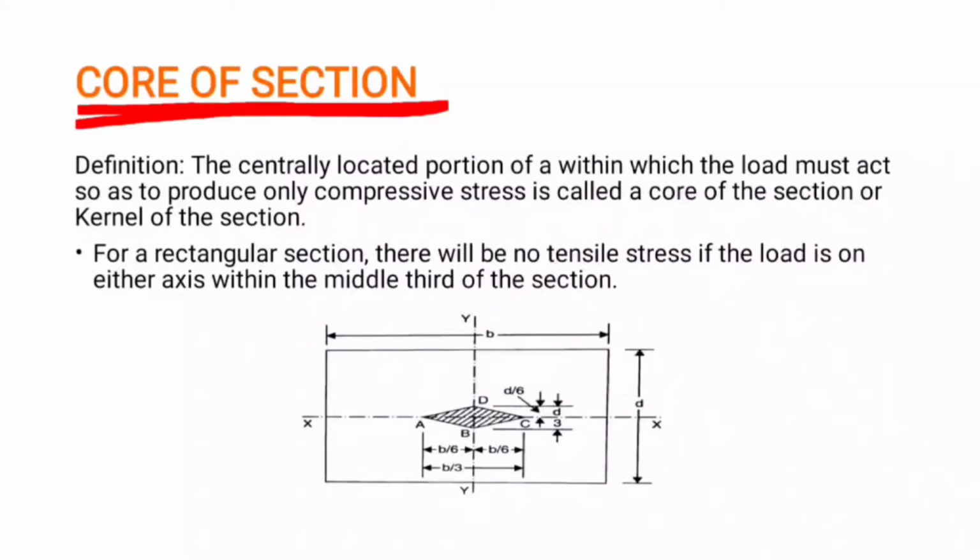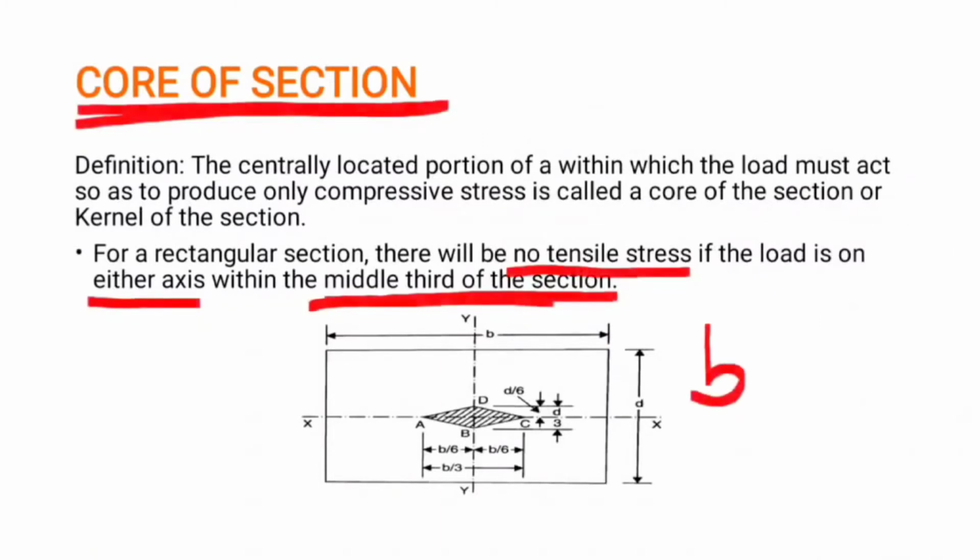Kernel of section. First we see for a rectangular section, there will be no tensile stress if the load is on either axis within the middle third of the section. Please remember this word, middle third.